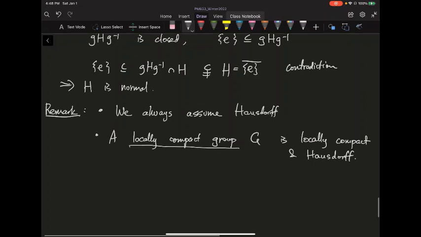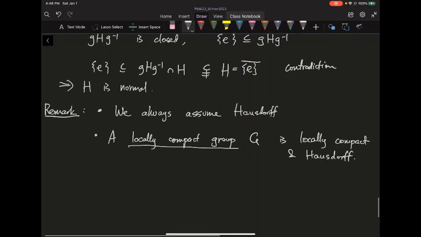Sometimes a lot of the books assume this Hausdorff, some books do not, but in general, most books do assume this Hausdorffness. And there's even some convention to use LCH, locally compact Hausdorff, to denote these locally compact groups. So sometimes I will say a group is LCH. What I mean is locally compact and Hausdorff.